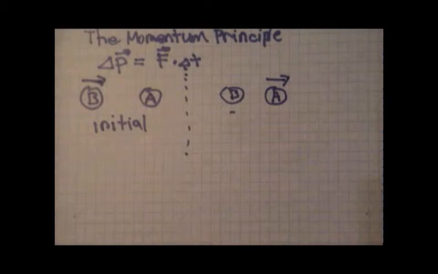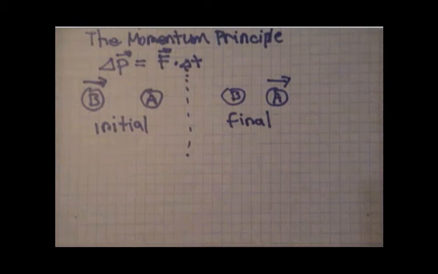So we're going to call this the final. So initial is before the collision, and final is after the collision. Okay, now I'd like to make this somewhat quantitative. So I'm going to give numerical values to the momenta that appear in this problem.